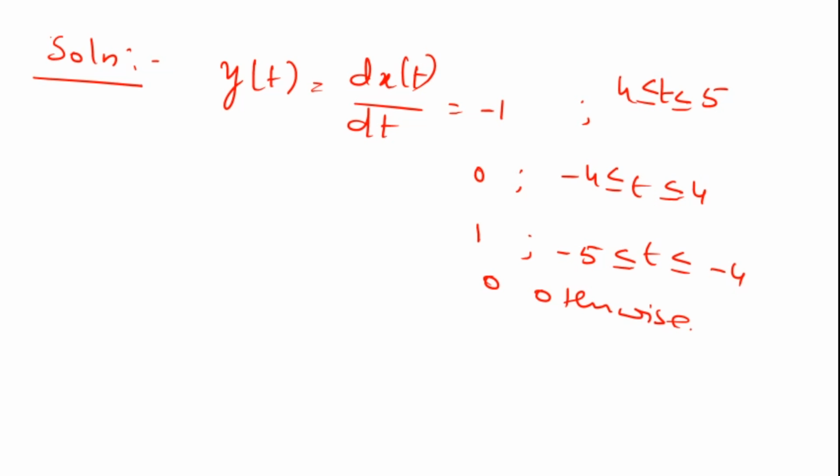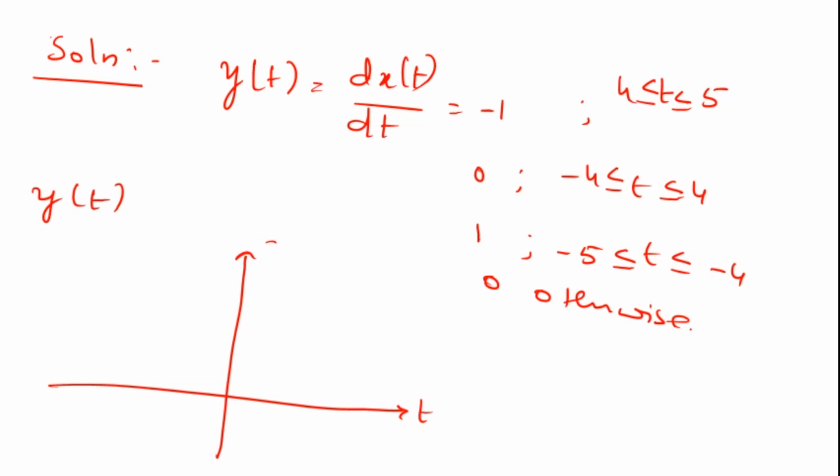Then y of t plot will be, x of t, y of t, 1, 2, 3, 4, 5. It is minus 1.